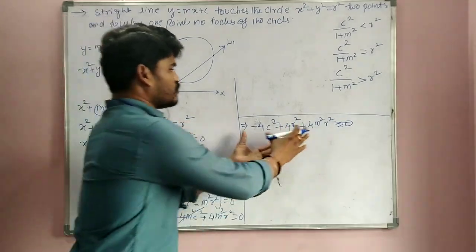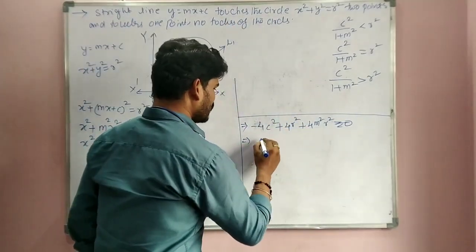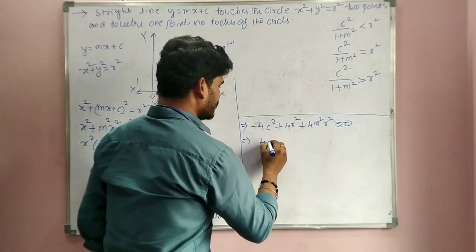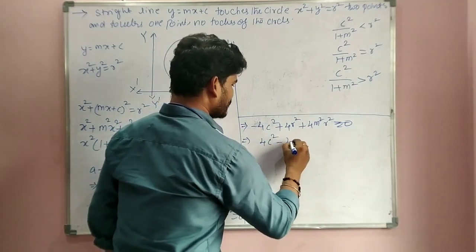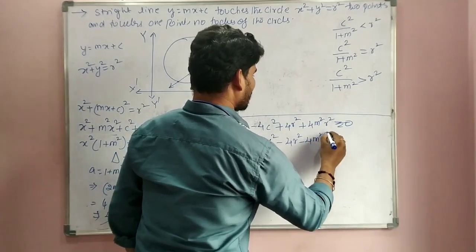Right. Next, this total term we transfer to that side, it becomes positive: we will get 4c square minus 4r square minus 4m square r square.